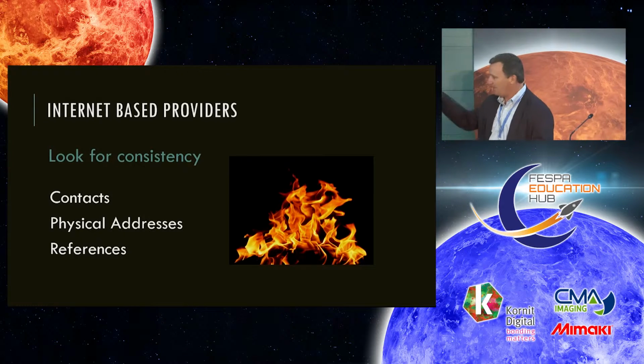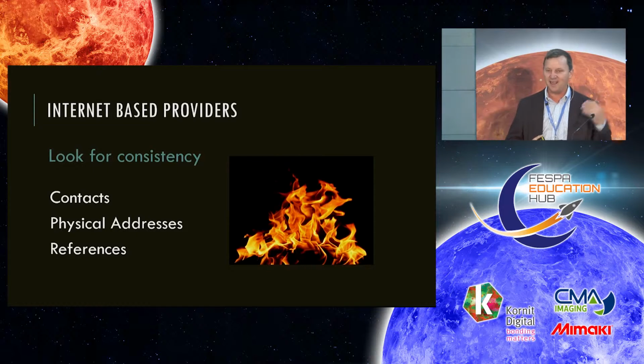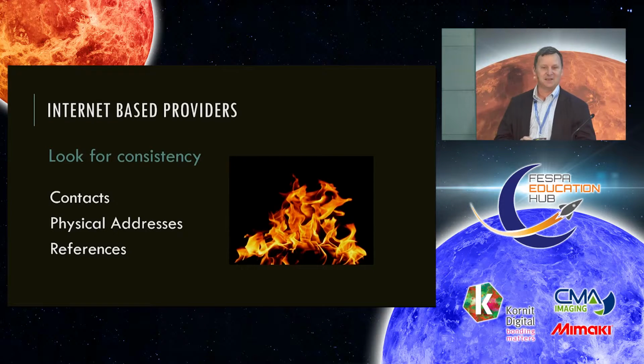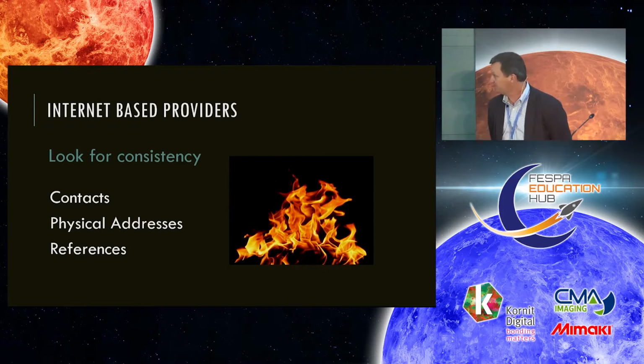If the physical address says the company's located in Canada, I might be looking for a Canadian accent, or if it's in Australia, an Australian accent. I ask the companies if they have references. If you start asking these hard questions, you'll drill down into the truth of what their claims are.